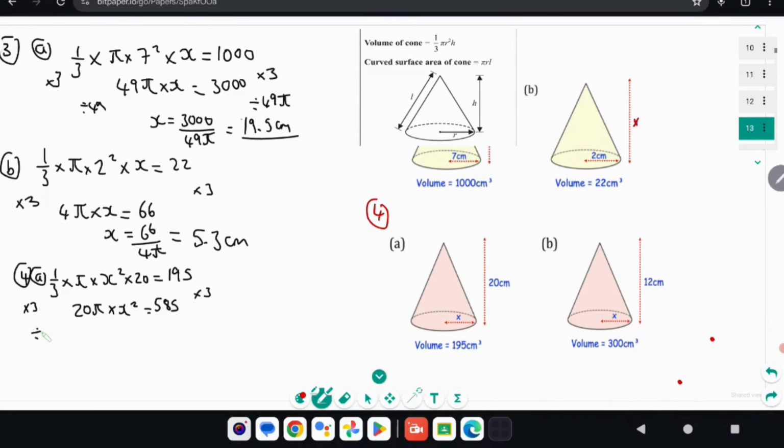I'm going to divide both sides by 20 pi. x squared is equal to 585 over 20 pi. Square root both sides. x is 3.1.